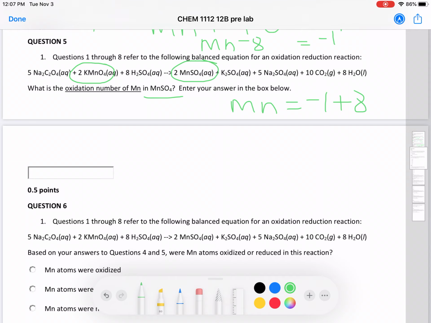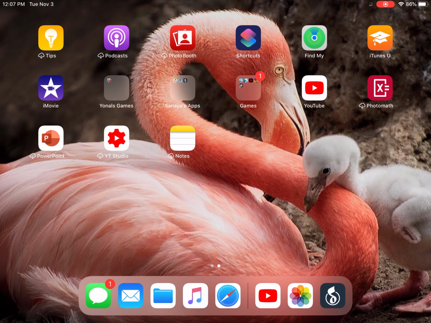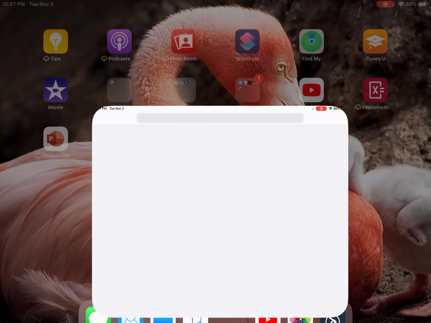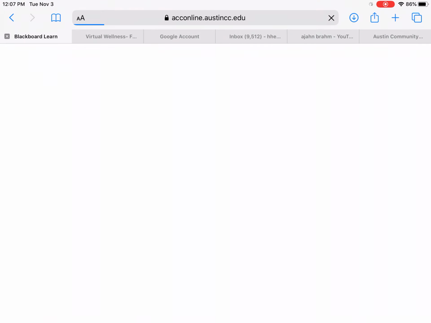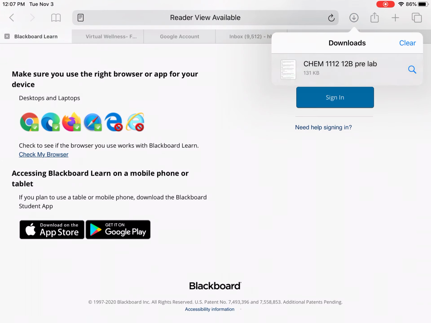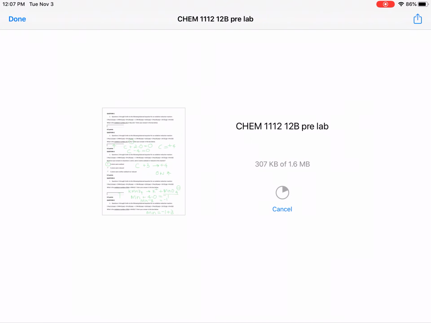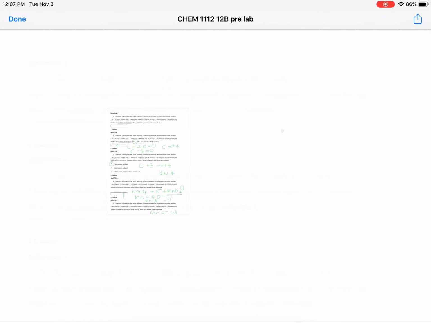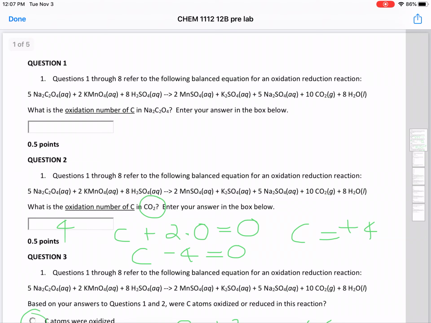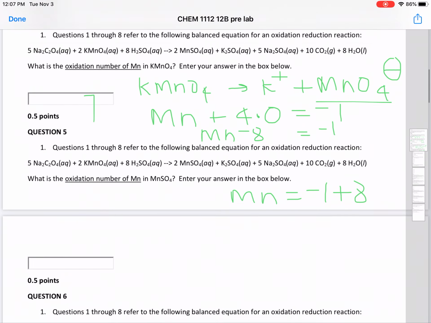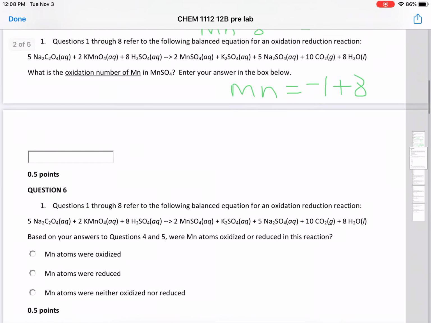We can treat manganese sulfate the same way we treated potassium permanganate, as a charged species, which we can break into ions.